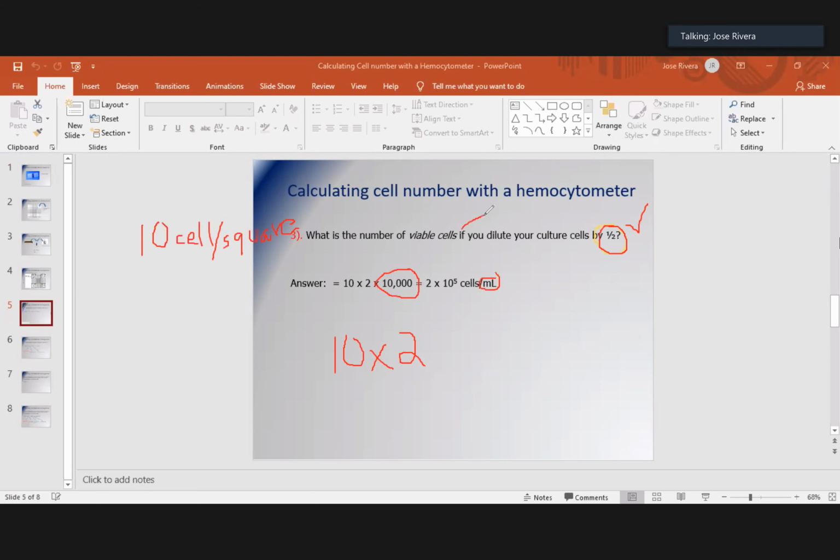Even though it doesn't say here per ml, just assume that it's always going to be mLs. So you multiply by 10,000, and the number here is going to be 2 times 10 to the 5th. So that will be cells per ml.